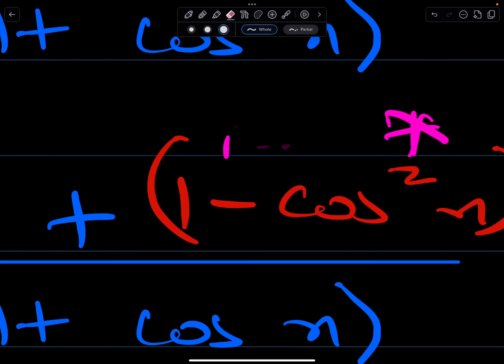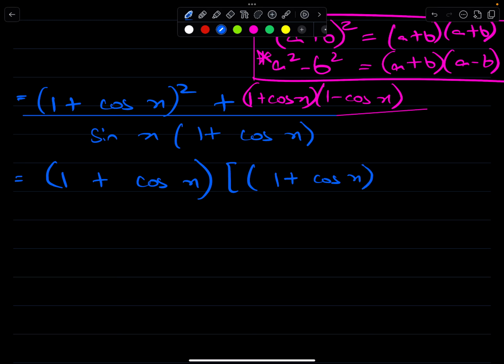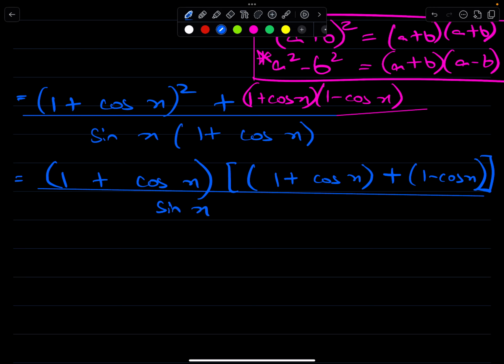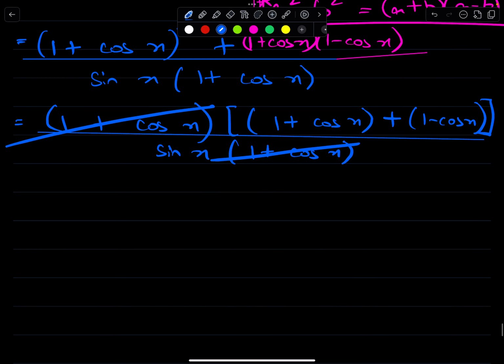Alright, let's take 1 plus cos x common. Just learn how to use brackets the proper way. And we have the denominator as it is. 1 plus cos x cancels out on 1 plus cos x.